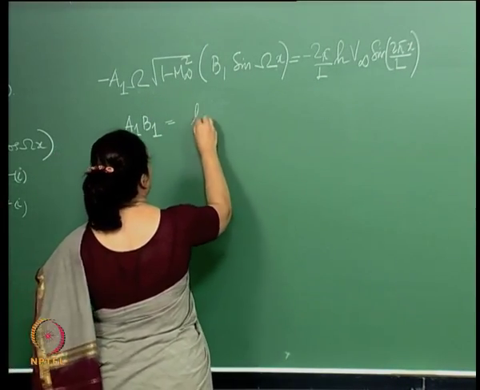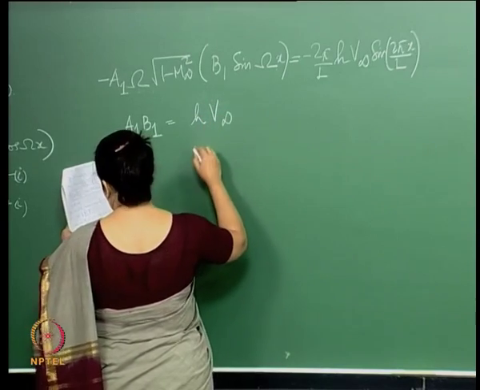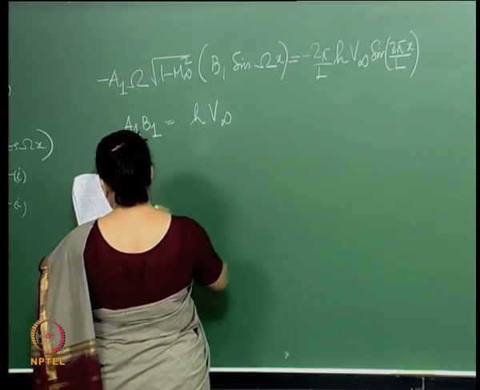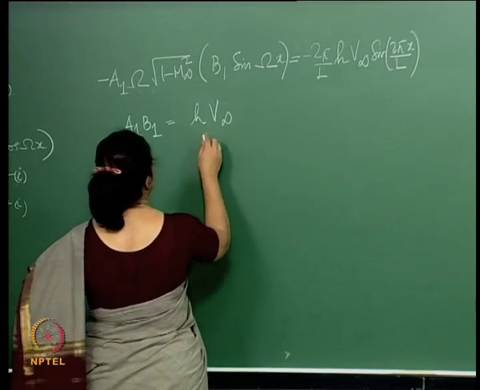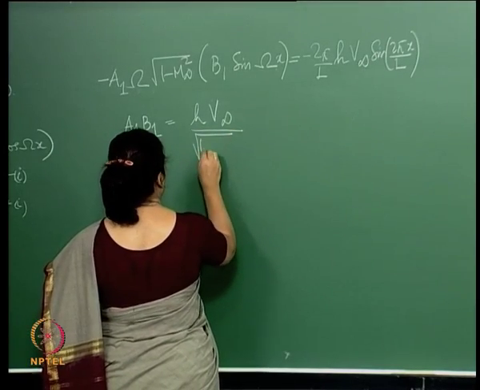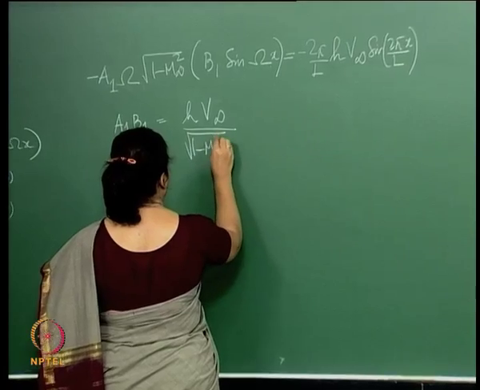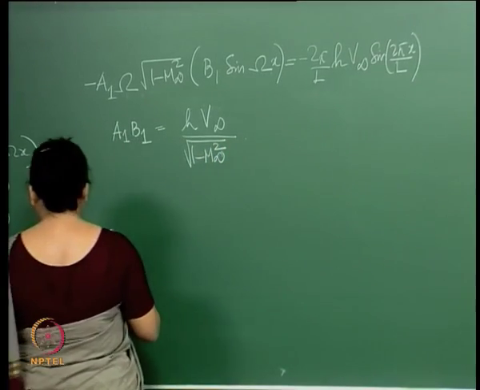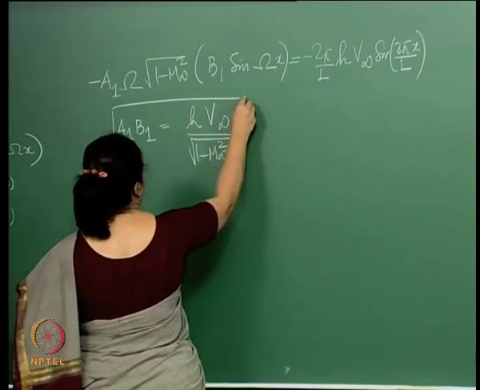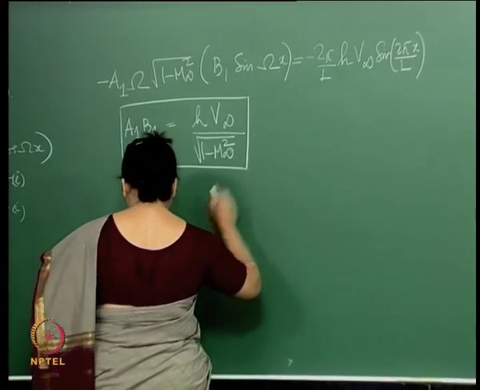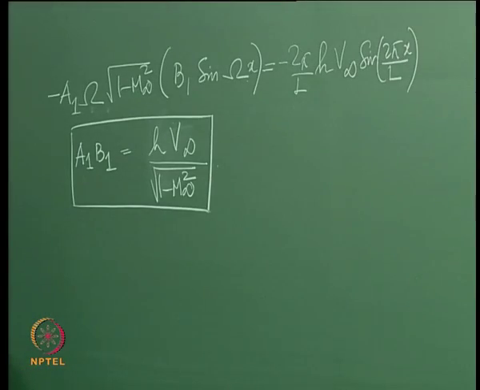So what we get here is H phi infinity. Right, so this is what we get from here.